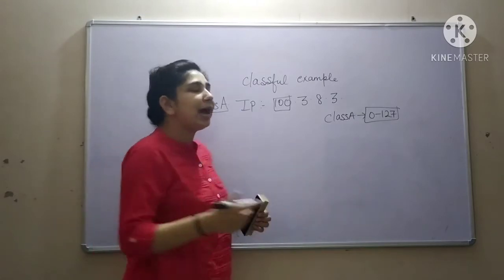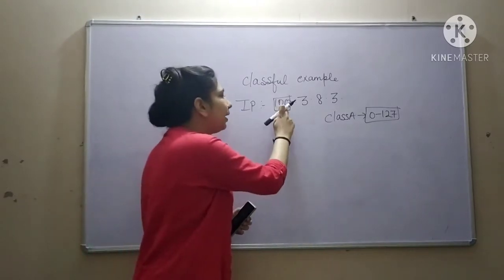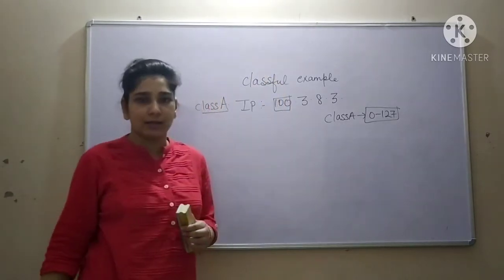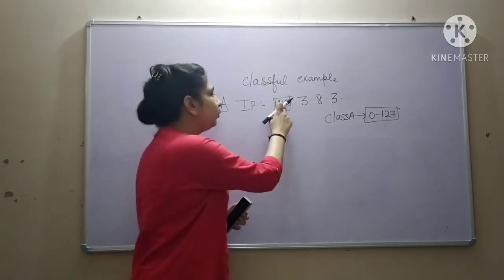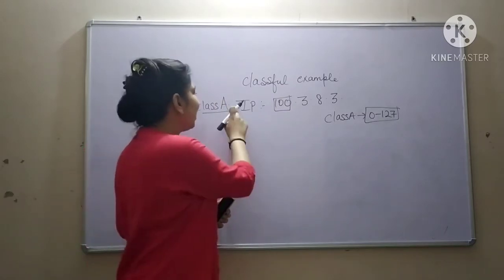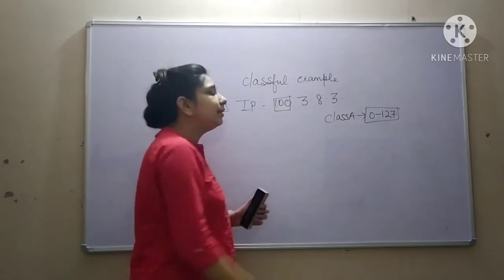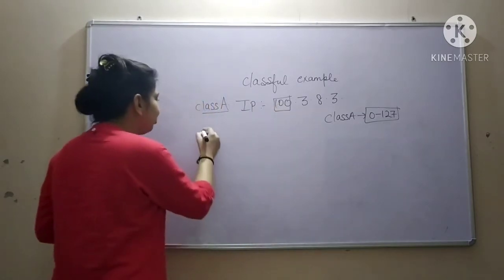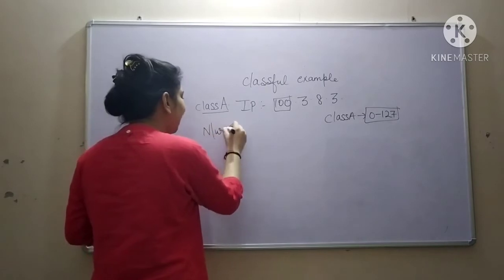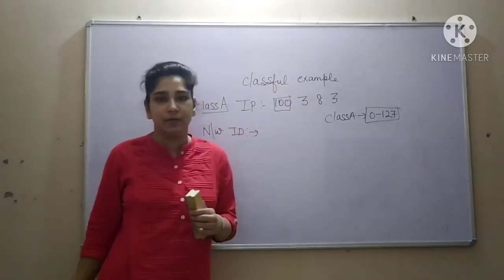So if you have to find the class of an IP address, you look at the first octet, and then determine whether that particular IP address belongs to class A, B, C, D or E. Now the next question is we have to find the network ID corresponding to this IP address.